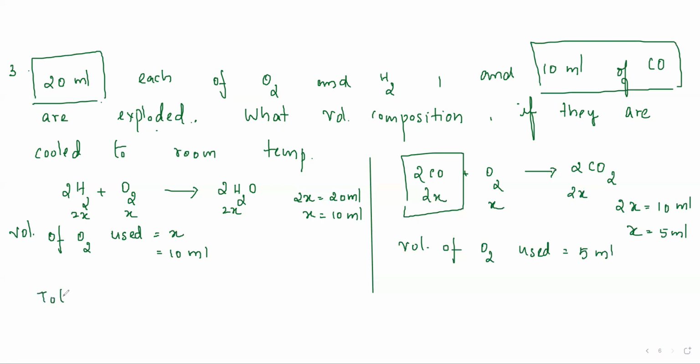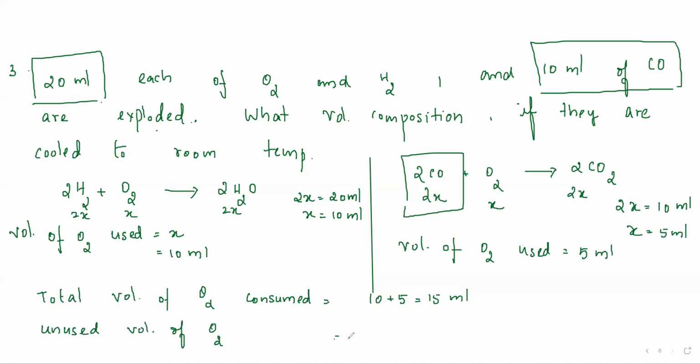Now, what is the total volume of oxygen consumed? That is 10 plus 5, 15 ml. What will be the volume of oxygen remaining? The unused volume of oxygen is whatever is given, 20 minus 15, that is equal to 5 ml.